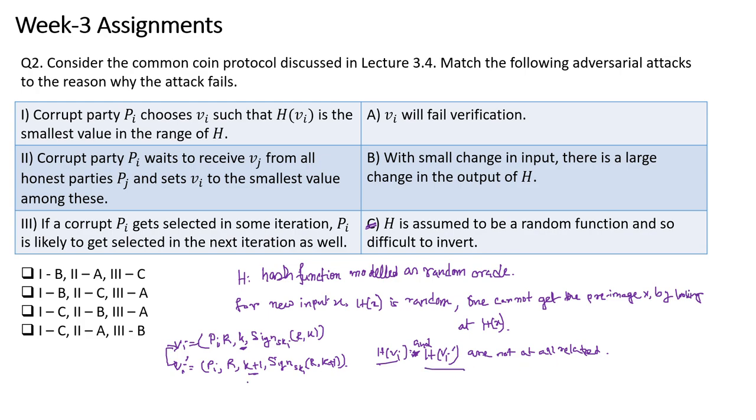So if pi was selected as the party having the least hash output value, it is rarely possible that in the next iteration also its hash output value will be the minimum of all.